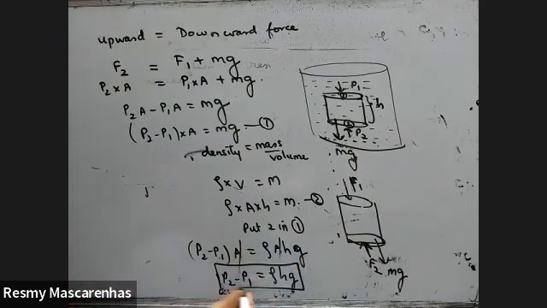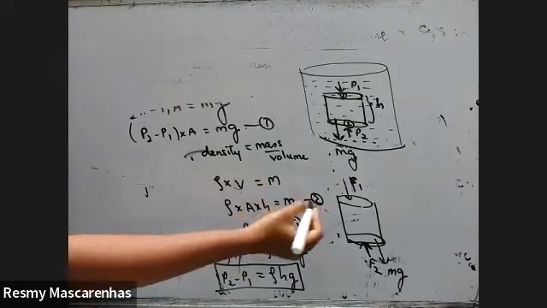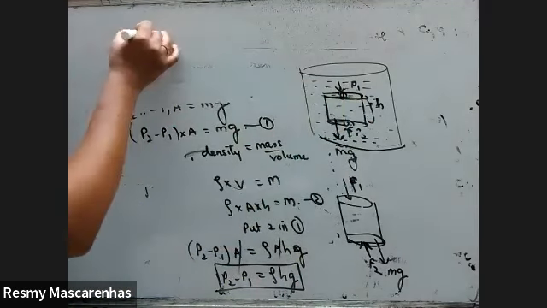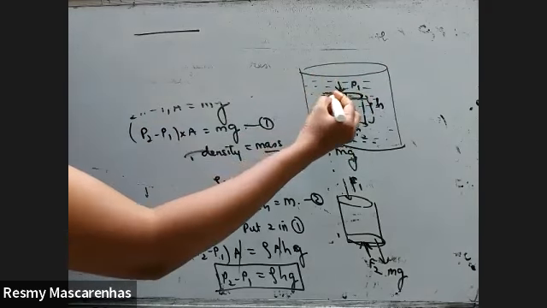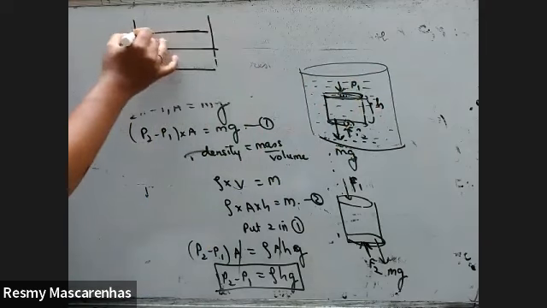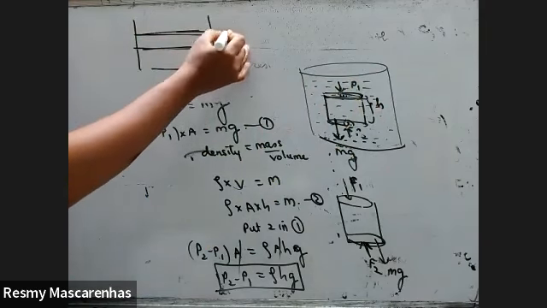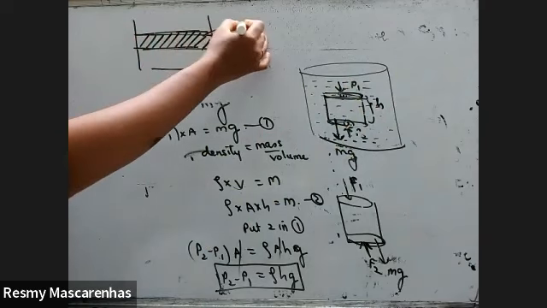Put this in the box. So anytime, any problem or any concept, if you want to know pressure for this particular column, so this is like one piece inside a fluid. This is called a liquid column.